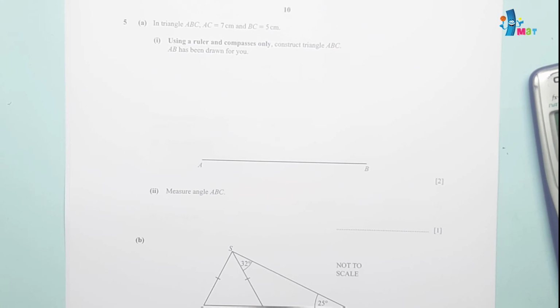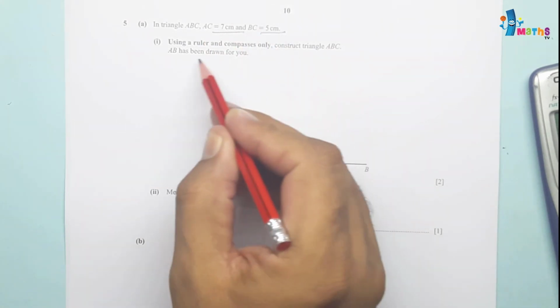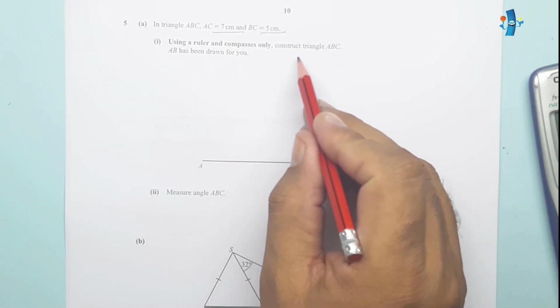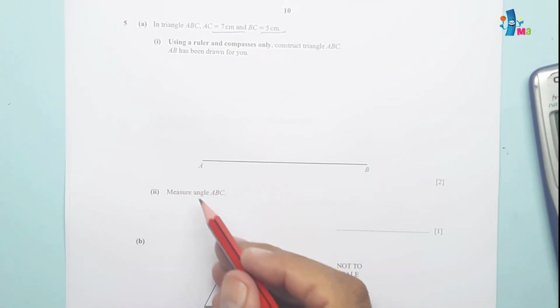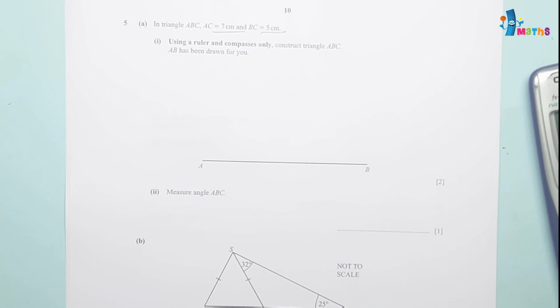Question number 5a part, in the triangle AC is equal to 7 centimeter and BC is equal to 5 centimeter. Using ruler and compasses only, construct triangle ABC. So AB is already drawn. We have to draw AC and BC.